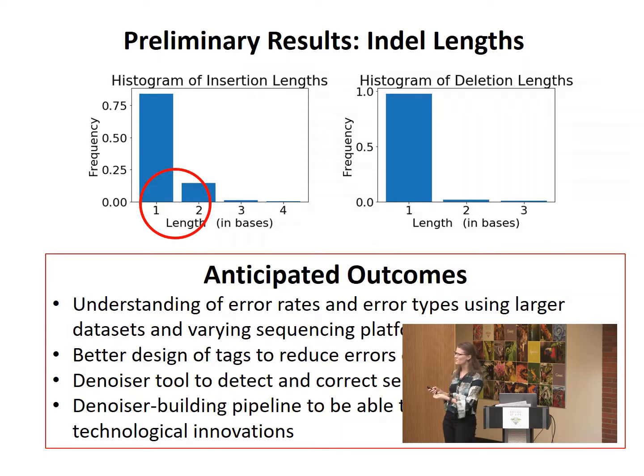And as well, I think there would be really a need to build not only error models for specific sequencers, but to build an adaptable pipeline that builds a denoiser tool. Because I think it's really helpful for our community if we can be responsive to technological advances.